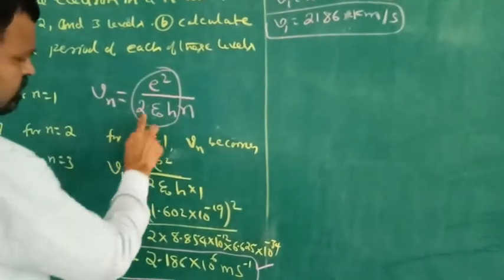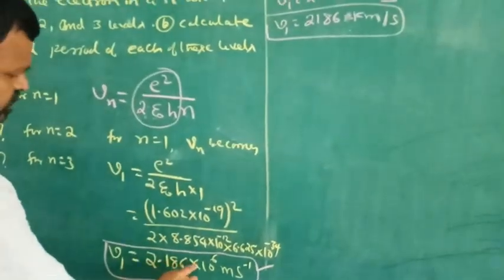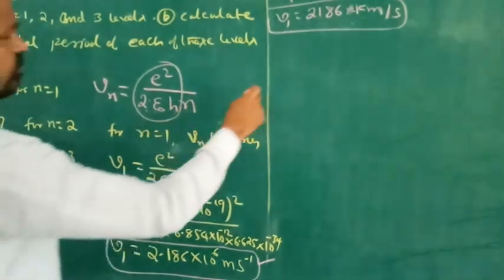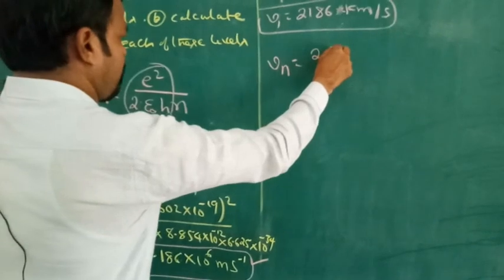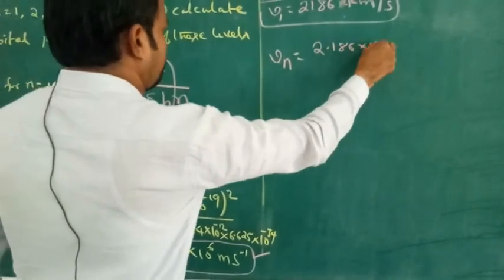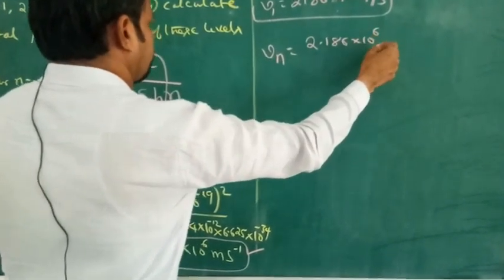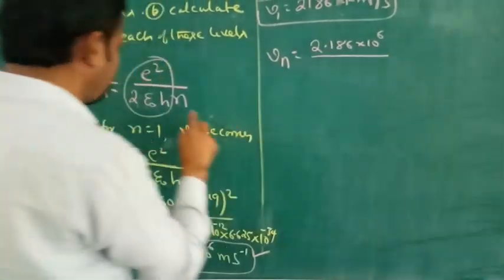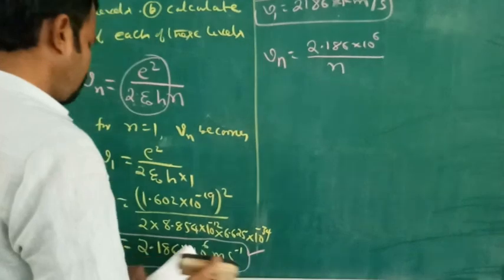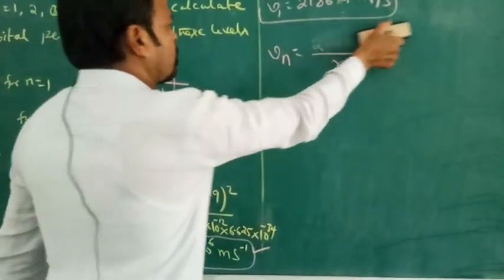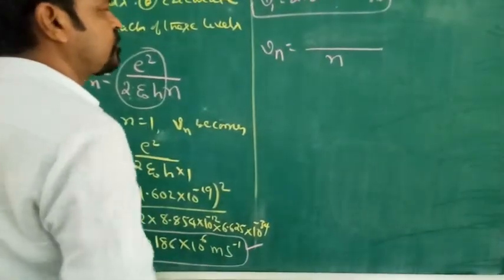So you consider this value, and using this, you see, this value is nothing but 2.186 into 10 power of 6. We can write Vn is equal to 2.186 into 10 power of 6 divided by n. In general, this is V1 divided by n.